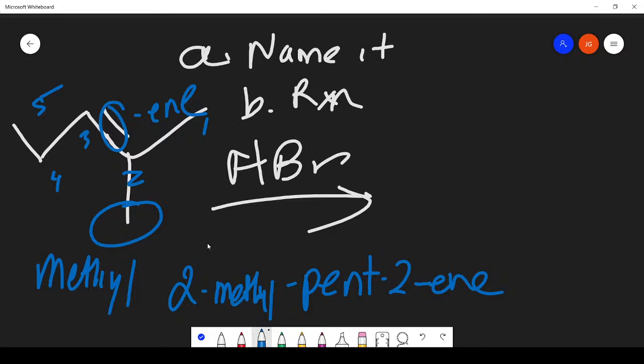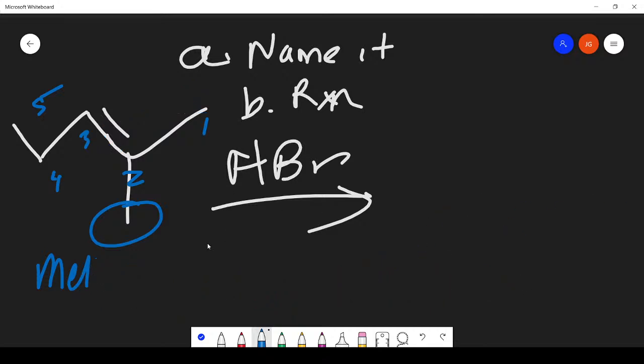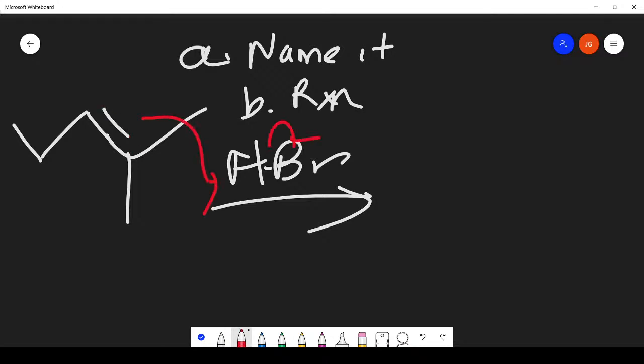Now for this over here, let's get rid of all of this. We did this already basically, so we're going to take this alkene. It's a nucleophile. It's going to attack this electrophilic hydrogen. Now the question arises, which side does the bromine attach to? Remember, we're going to have a carbocation wherever we go.